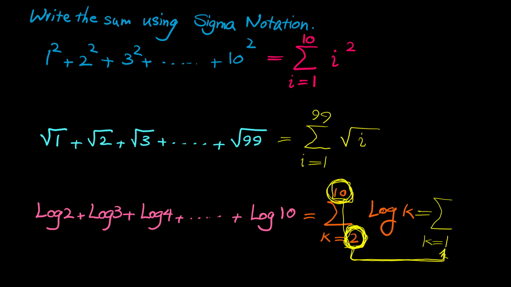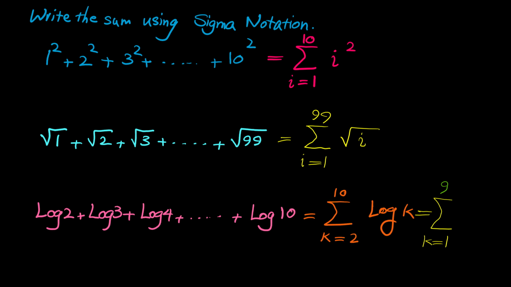So the first thing that you have to change here is that if you want to change the starting value of a sigma from 2 to 1, because you subtracted 1 unit from this, you have to subtract 1 unit also from the end value of the sigma. So you have to change 10 to 9. This is the first thing that you have to change.